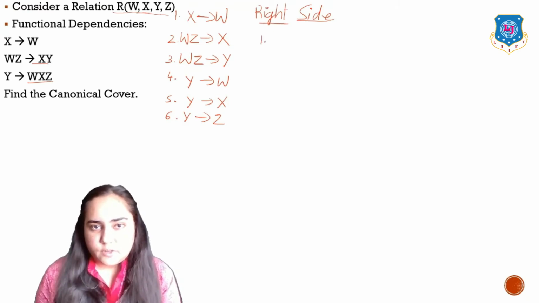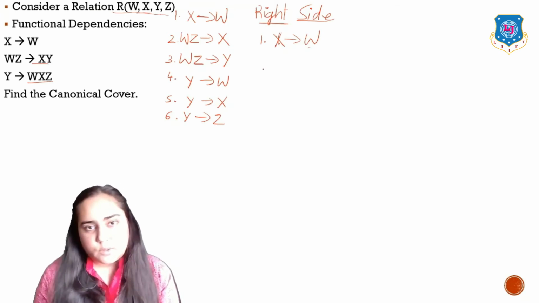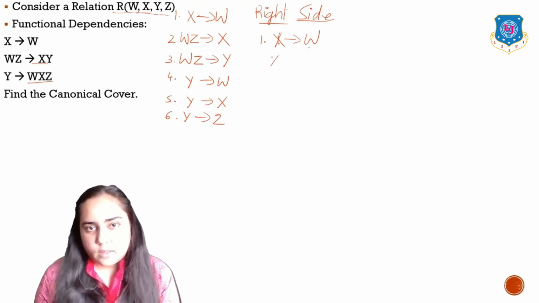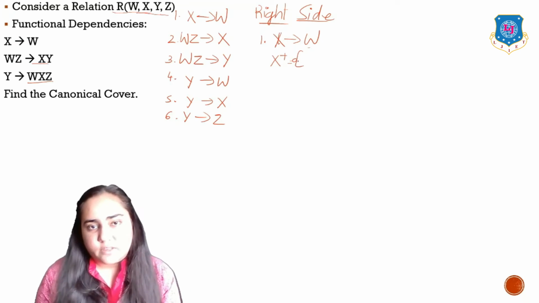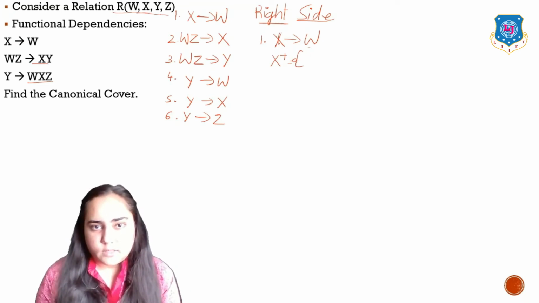We'll begin with the first dependency, which is X determines W. On the right side, there is W. So what we are going to do is calculate the closure of X. Now the closure of X right now is X itself and of course W, and that's it. There's nothing else in the closure of X if you look at all the 6 dependencies we have here.